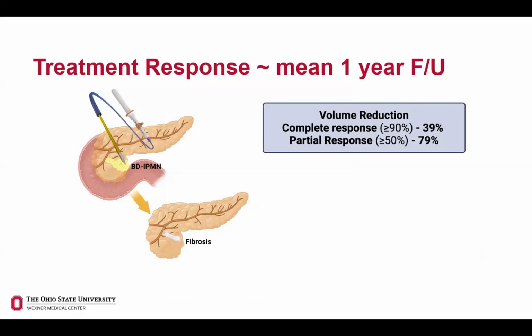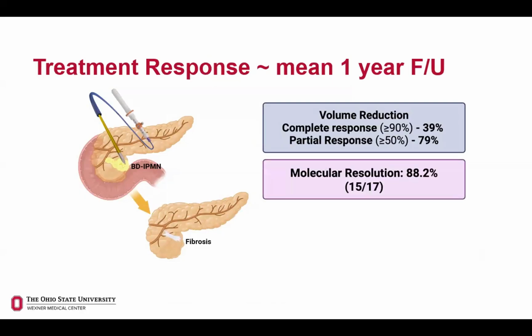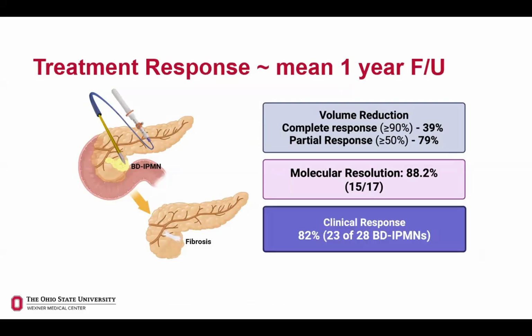Molecular response, in those who underwent repeat aspiration, provided we had sufficient volume to aspirate: 88% had complete molecular response. And if you define clinical response overall, 23 of 28 branch duct IPMNs had a clinical response in this IPMN subset with a 4.5 centimeter mean diameter.